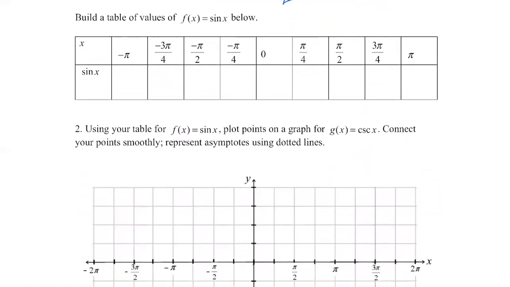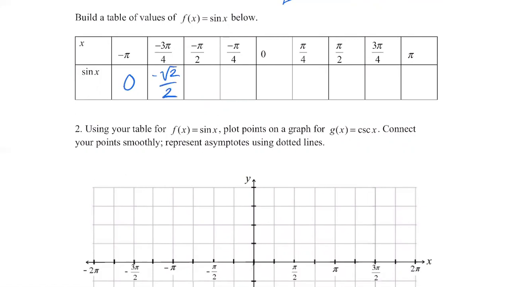So we're only looking at sine of x values right now, and we'll walk through these. Again, this is an opportunity for you to do it yourself. You might want to take a moment. Sine of negative pi is 0. The sine of negative 3 pi over 4 is negative root 2 over 2.